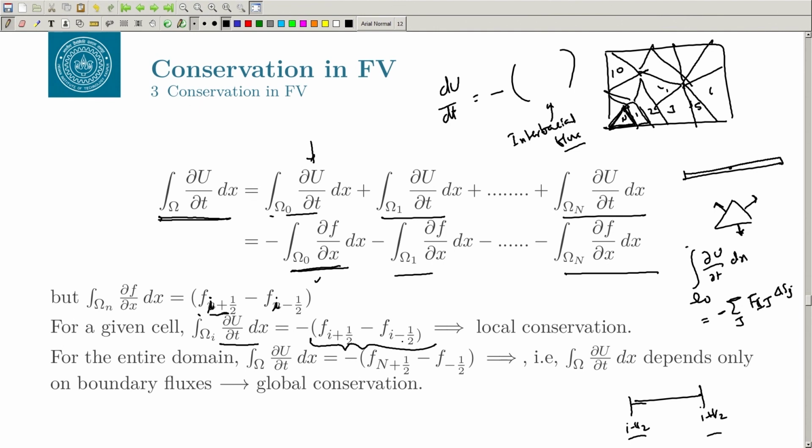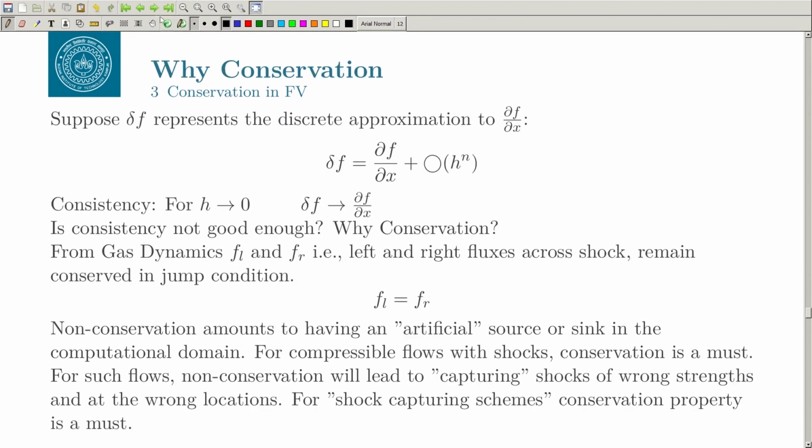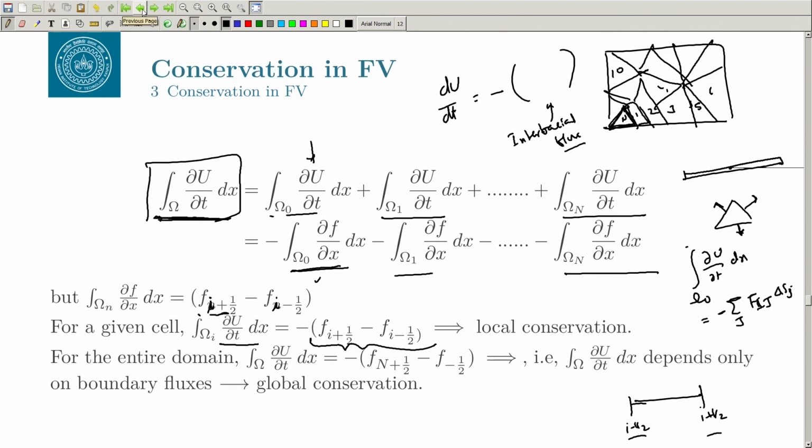If you integrate it for the entire domain, let me write it in 1D because this is easy to explain.